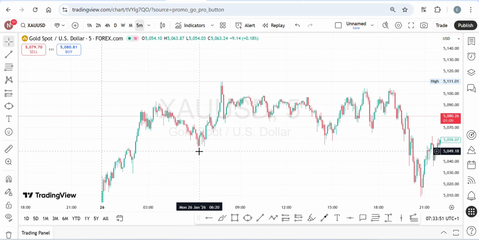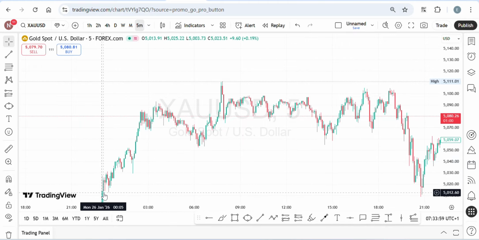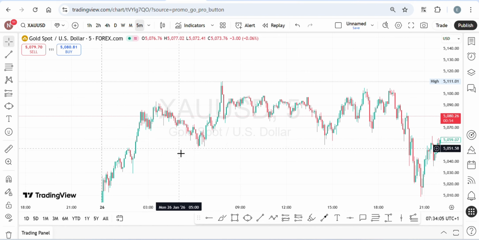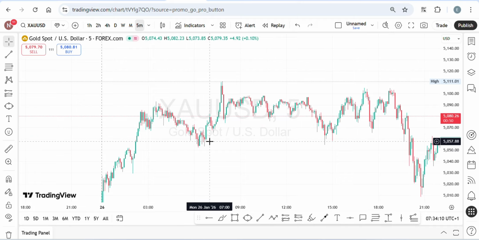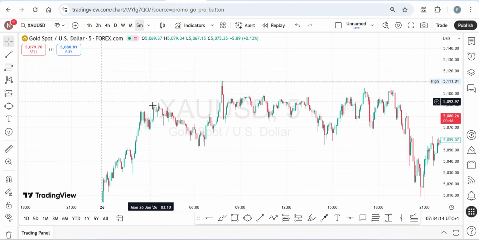So now, looking at this price action, you will see that after price rallied up, creating intermediate higher highs, higher lows, higher highs, higher lows, as mentioned before, price retraced, and you could see this retracement here is a corrective retracement. It's not an aggressive retracement.